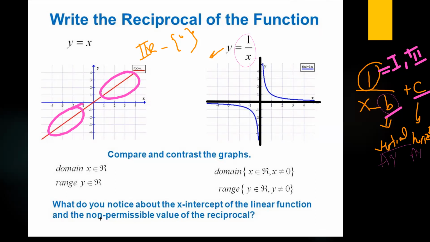When you draw its reciprocal, be careful not to pass at 0, because 0 is the excluded value. You draw it as a curve, but you don't draw it at x equals 0. This is how to draw the reciprocal of the function.